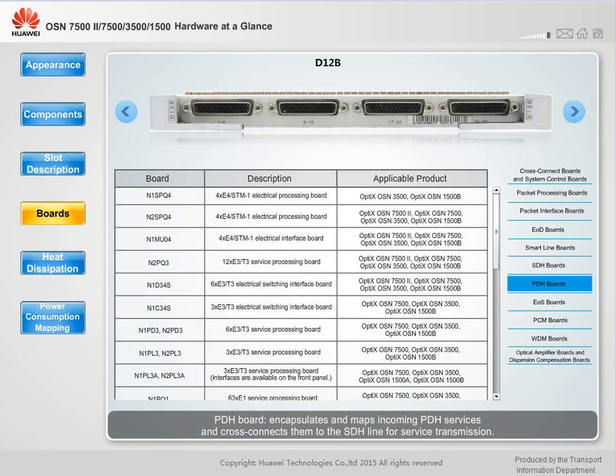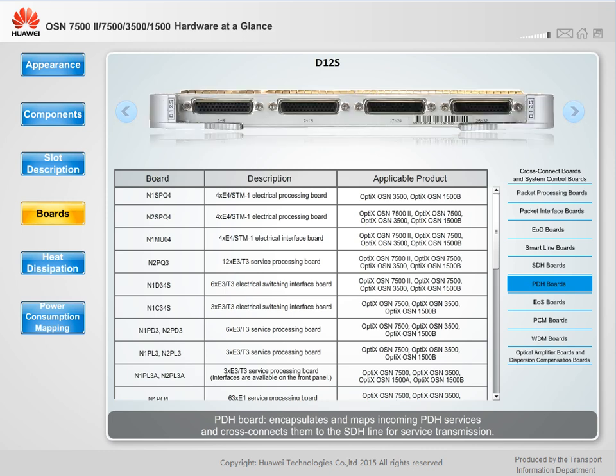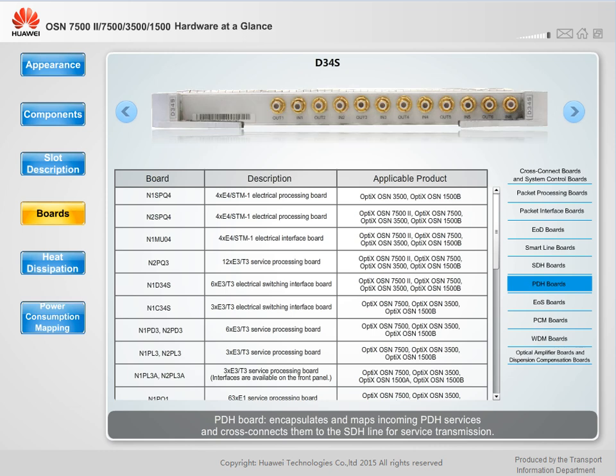The PDH board encapsulates and maps incoming PDH services and cross-connects them to the SDH line for service transmission.